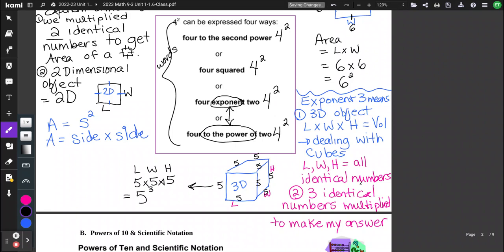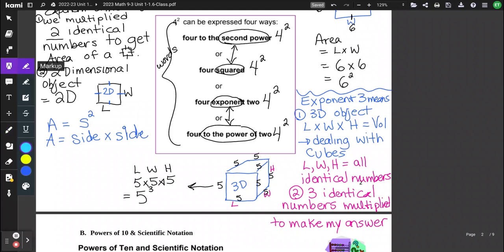Okay? And then second power and squared, they mean the same thing. So there's some words that mean identical things. Okay? So if we were to match the words, these 2 words mean the same thing, and these 2 words mean the same thing. Okay? All right. That's part A done.